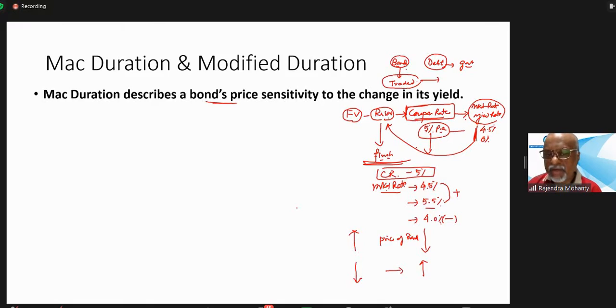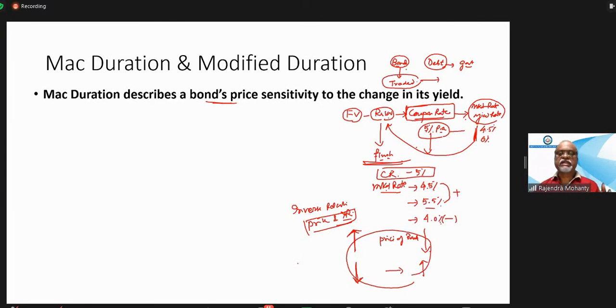So there is an inverse relationship between price and yield rate. Whenever the yield rate increases, the price will decrease. Whenever the yield rate falls, the price will increase. This is the basic rule you have to understand.